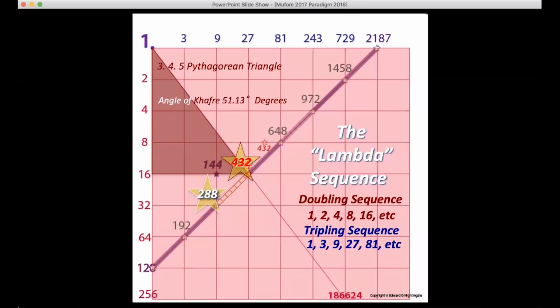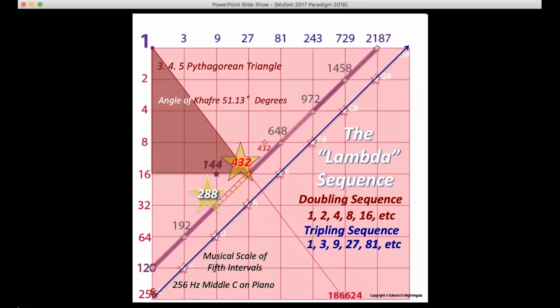Okay. And imagine that these numbers now will have to, let me go ahead and just show you. Right down here, if we go down to the bottom left-hand corner of that 8x8 square, and we draw a line up on a 45-degree angle, and we look at those fifth intervals, that's very much like 256 hertz, which is middle C on a piano, right?